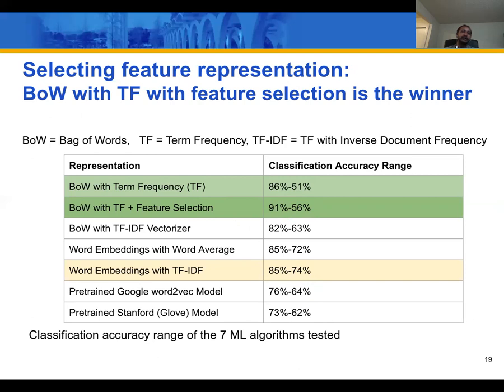And here the classification accuracy range seems confusing, but the range means the best and worst accuracy of these 7 ML algorithms. This might be the naive Bayes and KNN.